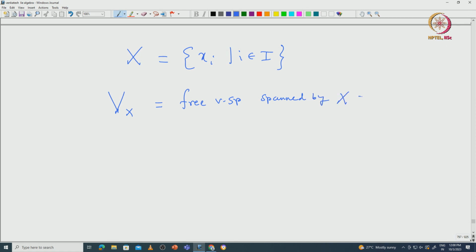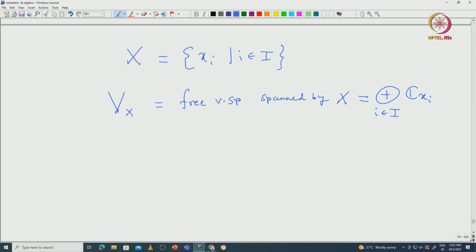What is the meaning of this? You treat the elements of this capital X as a basis of this V_X, that is all. So that means this is the direct sum of C xi where i comes from capital I. You treat this xi to be a basis.